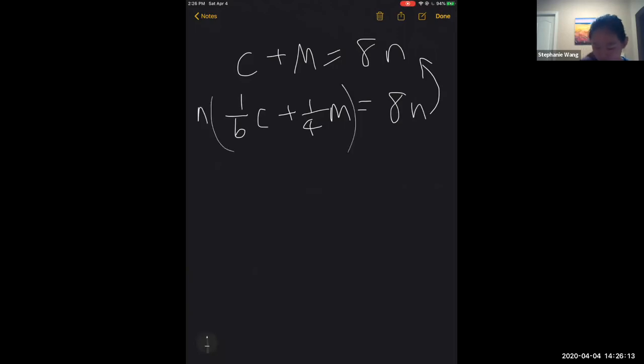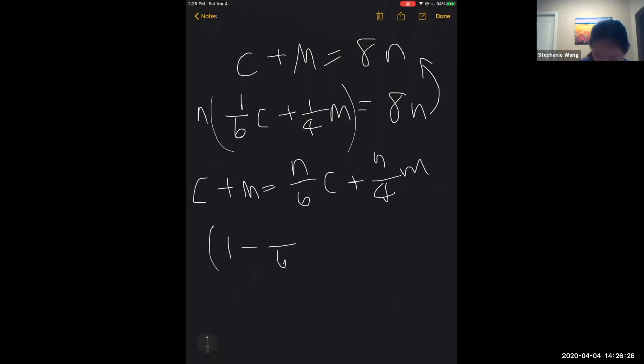And now we can equate these two equations. So C plus M equals 1/6 n C plus 1/4 n M. And now we can rearrange the equation, and we get 1 minus 1/6 n. Or actually, let me show you all the steps, because I remember I was a bit confused. So C minus 1/6 n C equals, yeah.